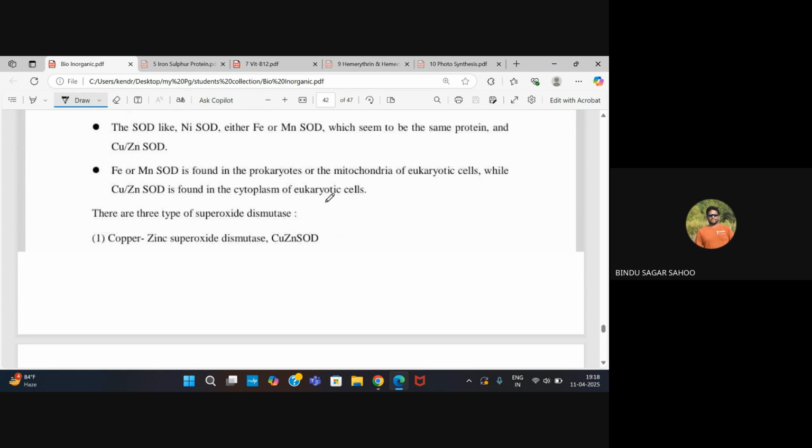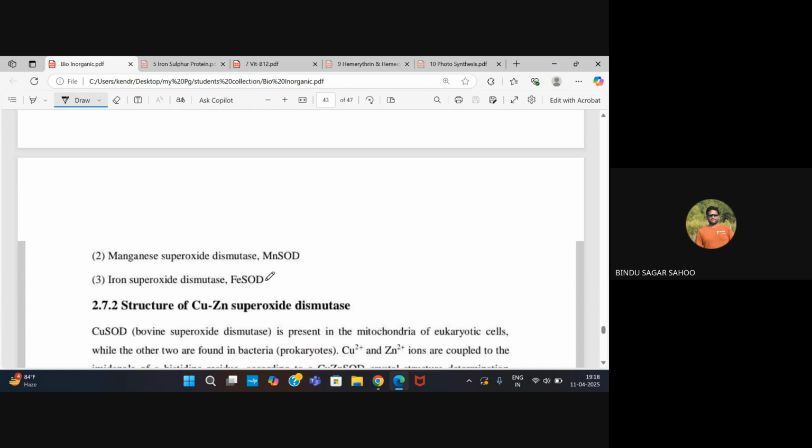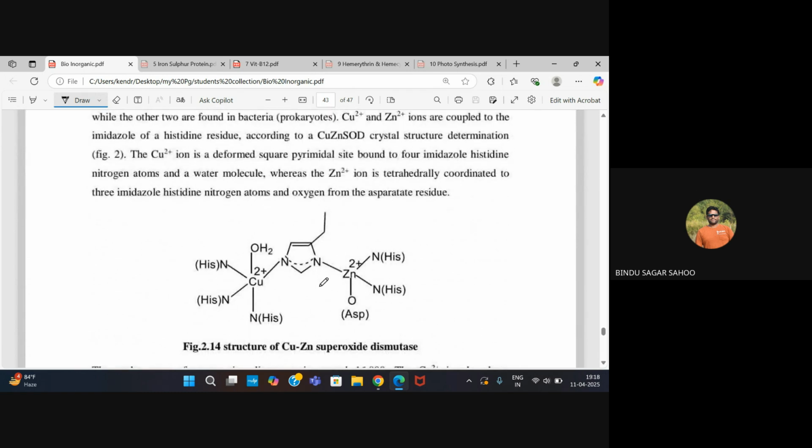So in different parts of our body, you can find different types of SOD enzymes. Particularly, these are three types: copper zinc SOD, manganese SOD, and iron SOD. This copper zinc superoxide dismutase is very important, and this is its structure.